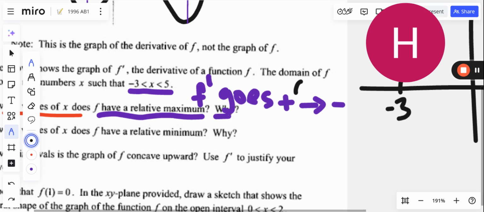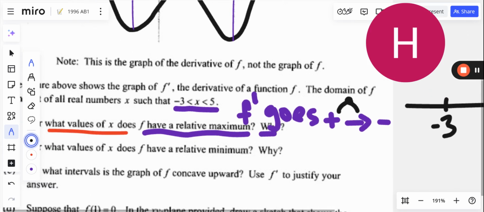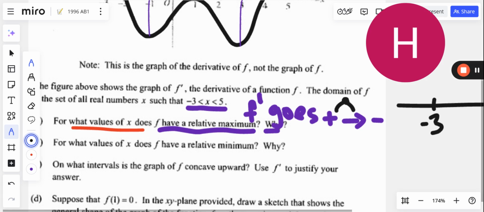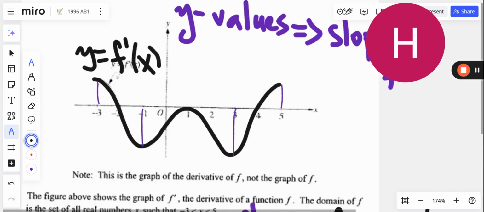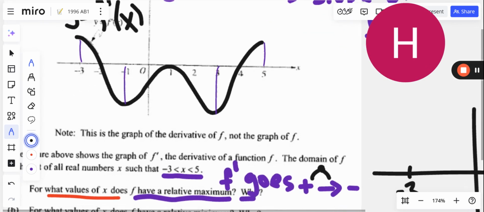So the value of the slope is positive, which takes us up, then it goes to 0, and then it comes back down. So we're looking for that slope to go positive, which is up, and then at some point the slope goes negative, which means down. That's how we draw the maximum, the top of a hill. But remember that the graph they gave us is not the graph of the original function.